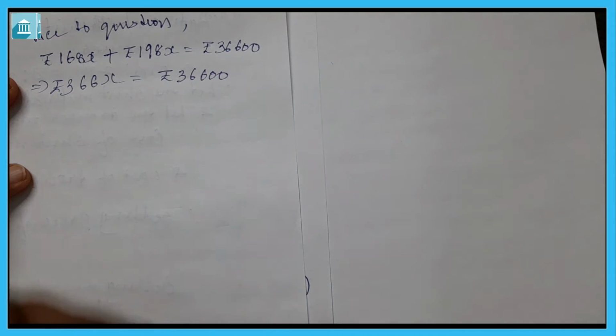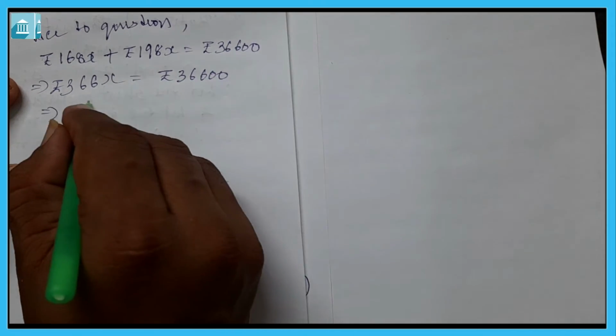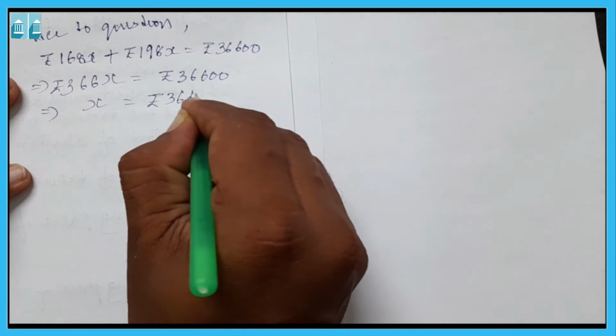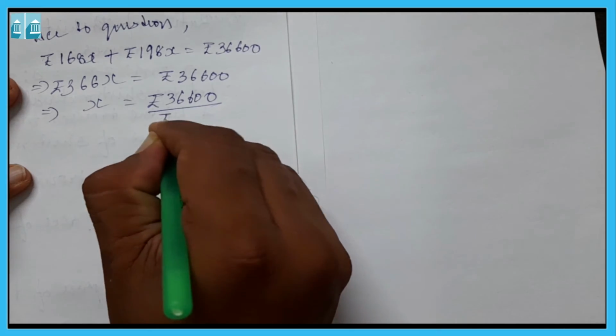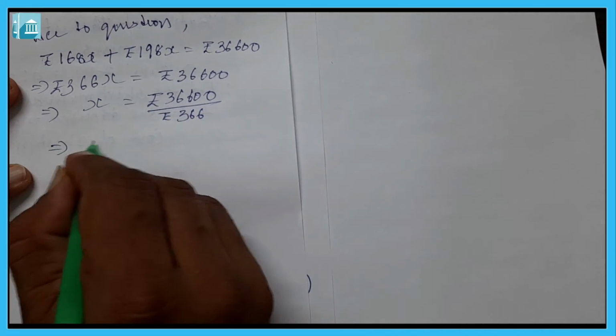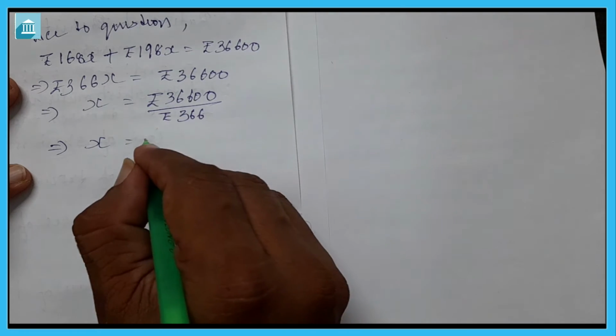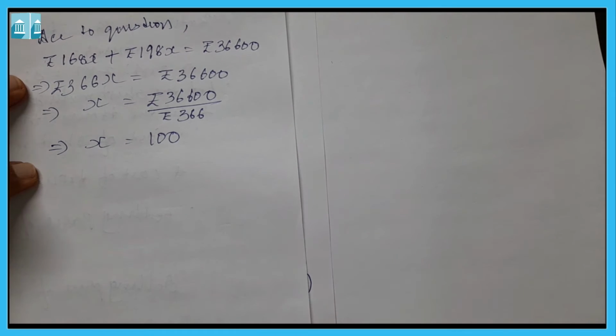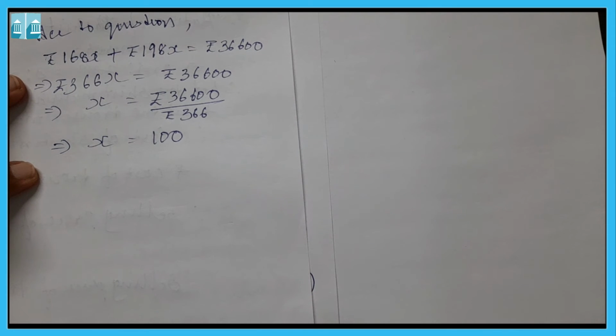Now x is equal to rupees 36,600 upon 366. So x is equal to 100. What we have to find out here is how much trouser material he bought. We know that the trouser material we had assumed is 2x.